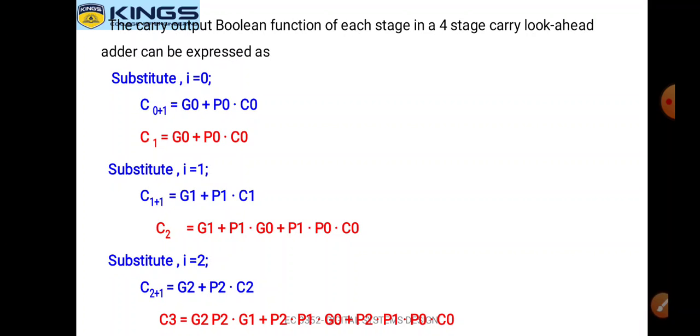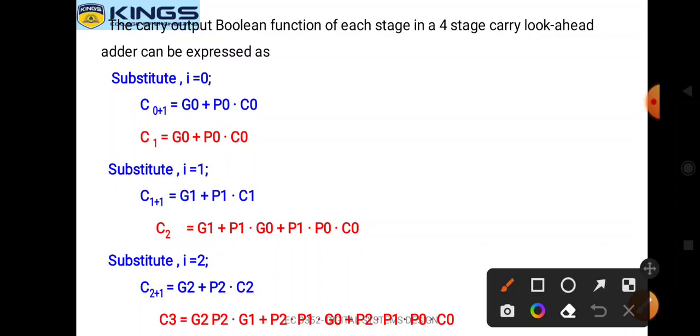In that, I am going to substitute the value of i. First I substitute i is equal to 0. That means Ci+1, with i value 0, so 0 plus 1, will be equal to G0 plus P0 into C0.